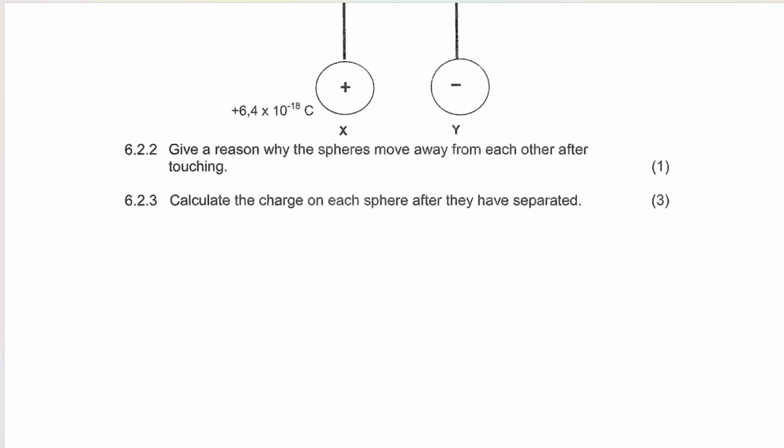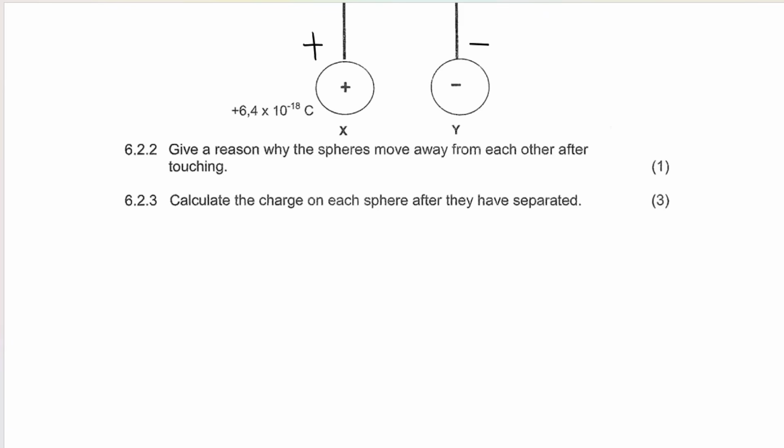6.2.2 says give a reason why the spheres move away from each other after touching. So what you should know is that before they touch, this one is a positive and this one is a negative. So they have opposite charges. And you should know that opposite charges or unlike charges attract each other. However, when they touch and electrons are transferred, remember electrons will be transferred from Y to X because it's from the more negative to the less negative.